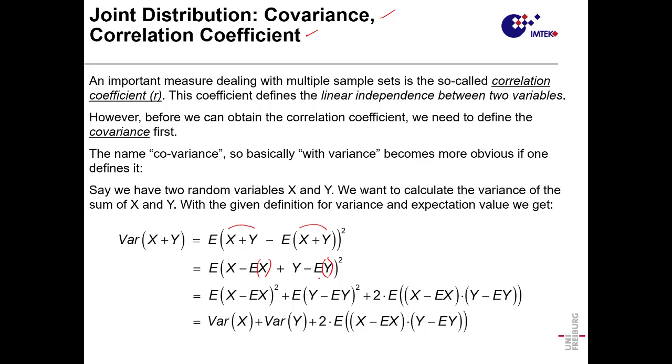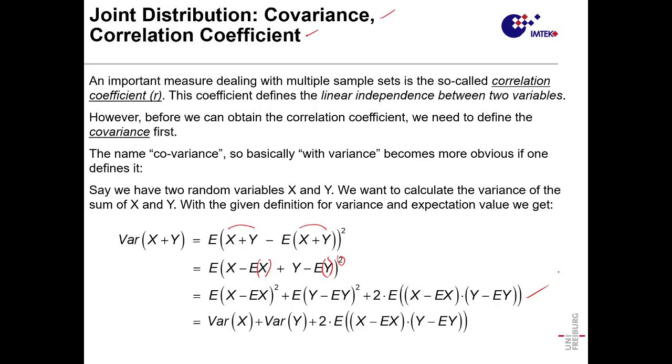Since you have a square here, if you remember the binomial expansion, you can expand it as the square of the first term plus the square of the second term plus 2 times the two terms multiplied together. And this is what I do here.